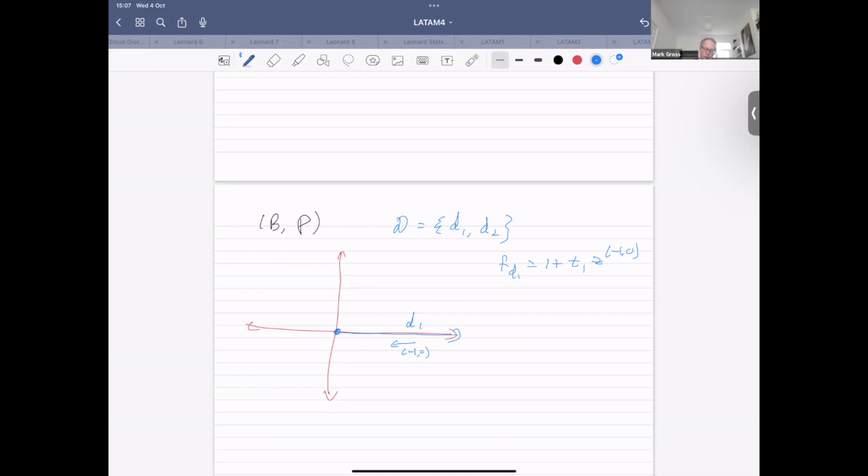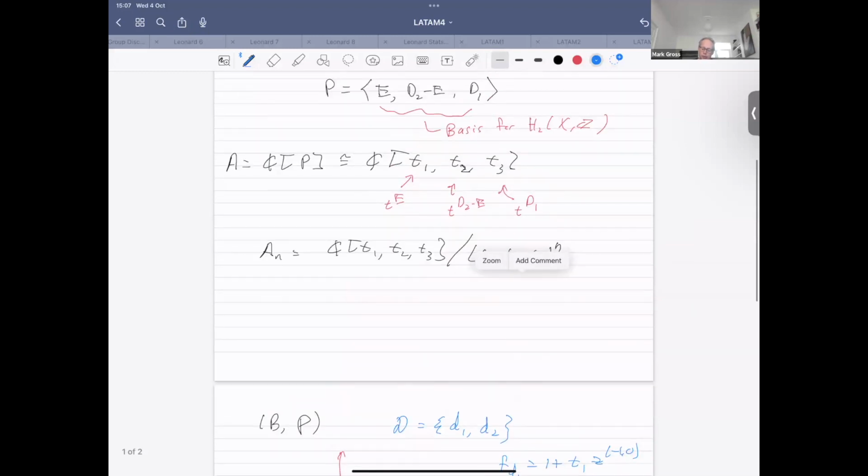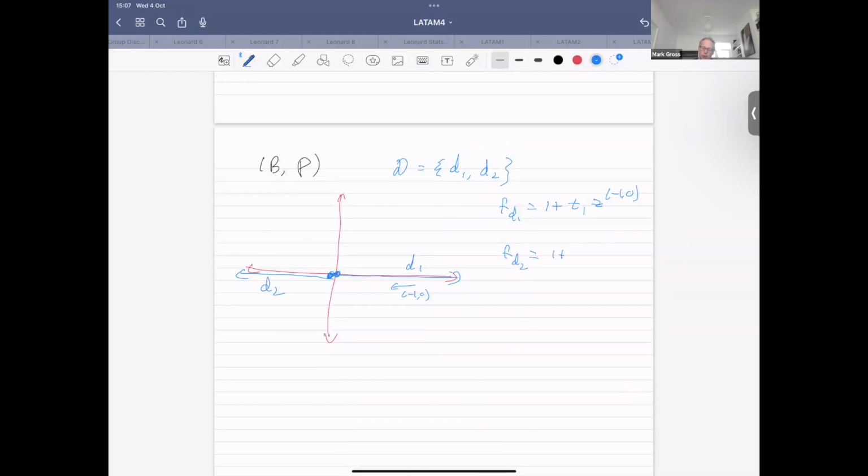So that's D1. And D2 I'll take to be sitting on this other ray. It's D2. And f_D2 has a similar shape. It's given by 1 plus T2 z^(1,0). And so this time, of course, (1,0) is viewed as a tangent vector here.